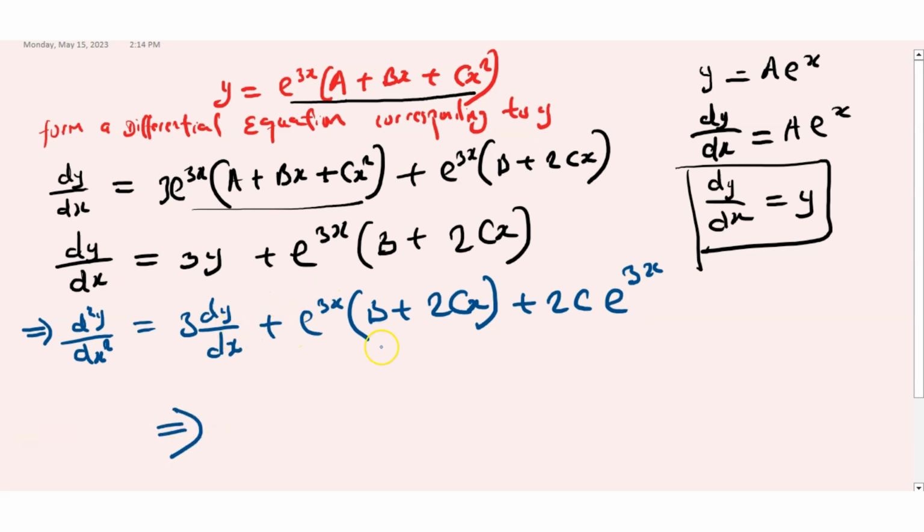And notice that just like we eliminated a, we have to eliminate this b + 2cx.